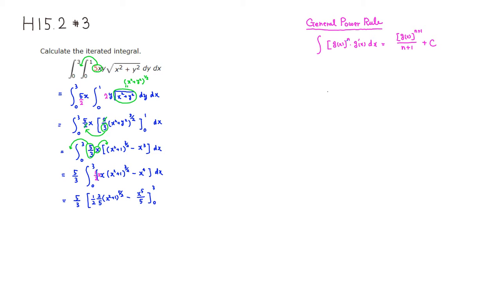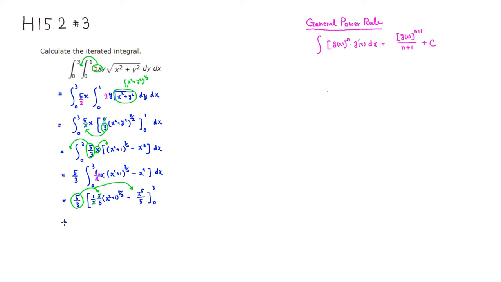Then we can do a little bit of cleaning up. The 2 and 2 cancel out. Then I'm going to go ahead and distribute 5/3 to the first term and also the second term.